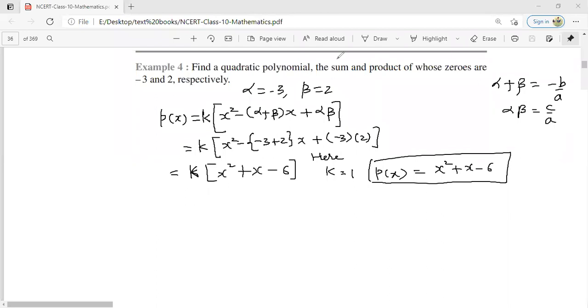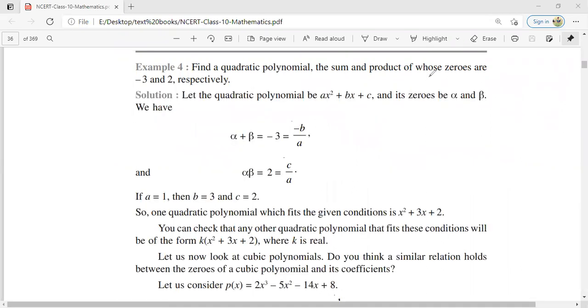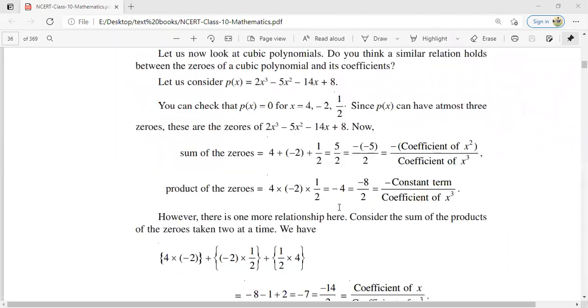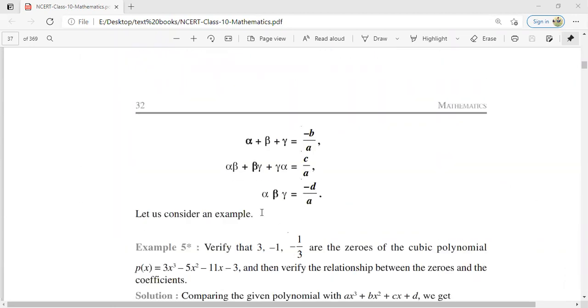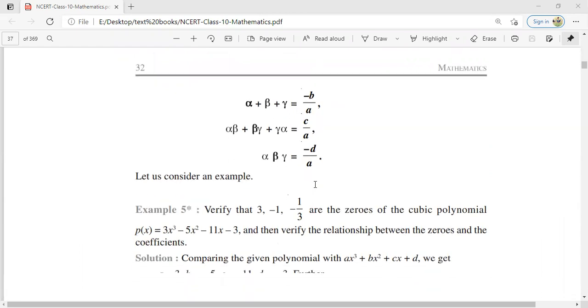Wherever a fraction comes, you can put a suitable value. If 1 by 2 is coming, you can put k equal to 2 to get the answer without a fraction. Okay, that is the role of k. Now for cubic polynomials, this one we have seen.